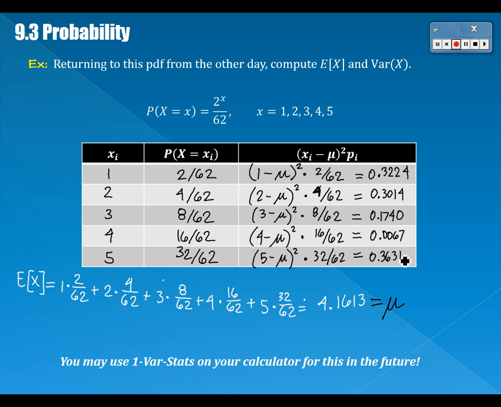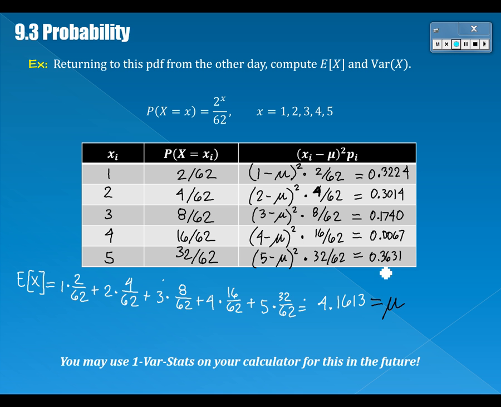Okay, and if we add those up, we will get approximately, here, I'll write it down here.